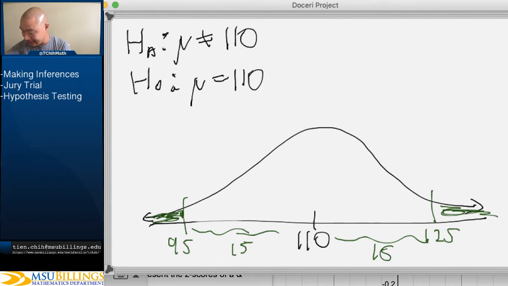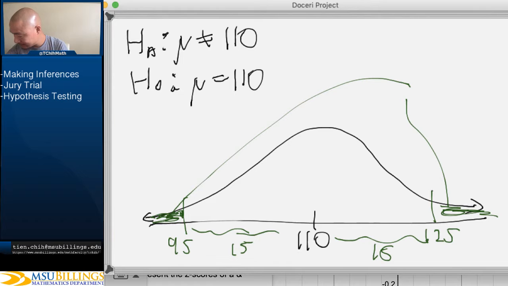So our p-value then is the sum of these two tails, right? Which I could calculate this tail, calculate this tail, add them to each other. I could calculate this tail and double it because these two tails are identical, or I could find this middle area here.